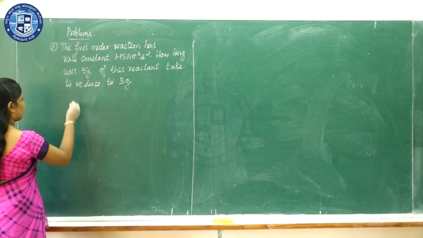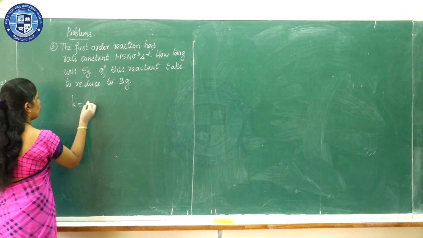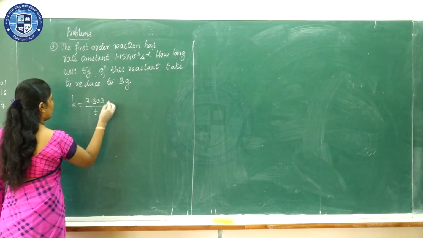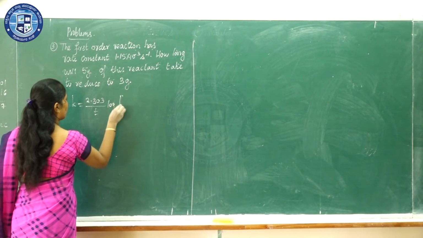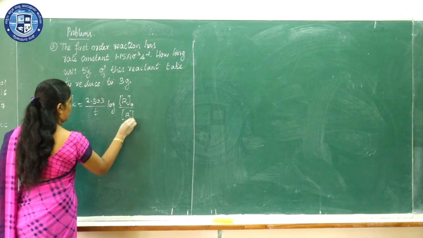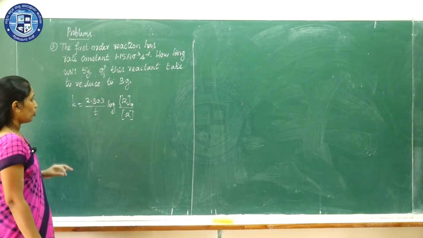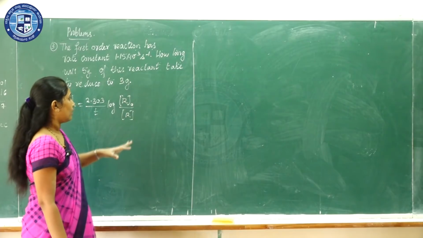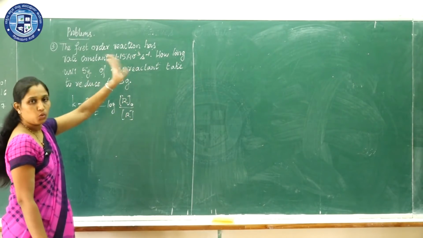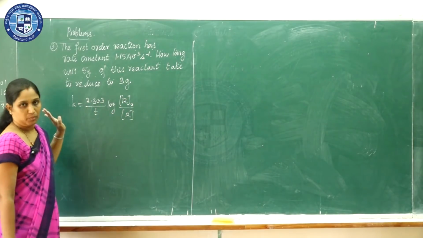So, what is that? We will write K is equal to 2.303 divided by T log of R naught by R. Now, what you have to find here is how long, which is nothing but time.